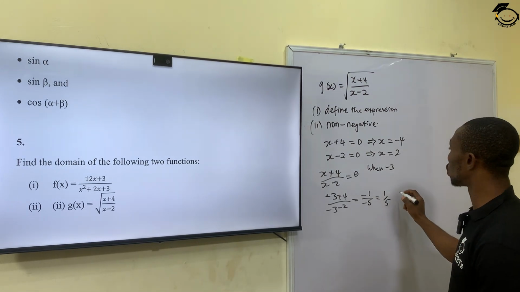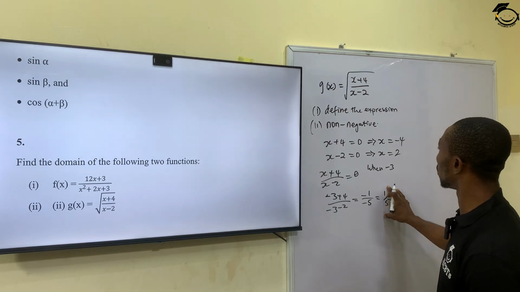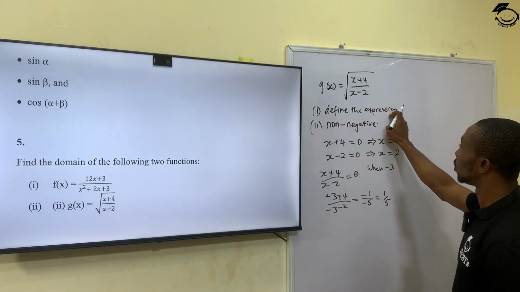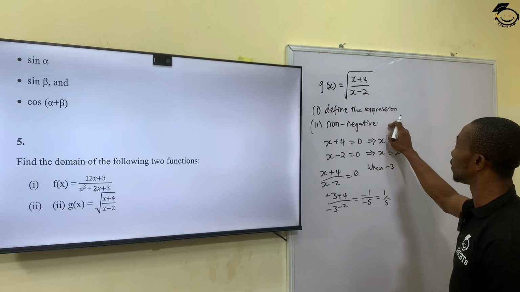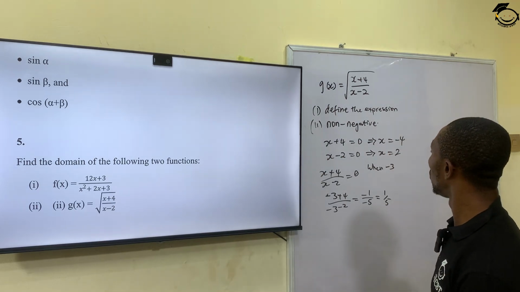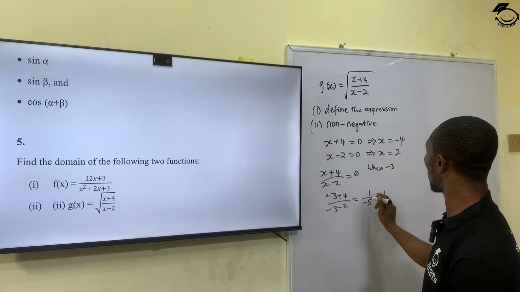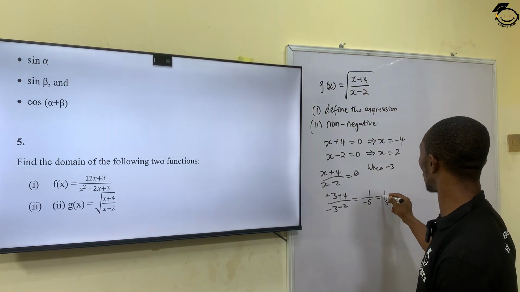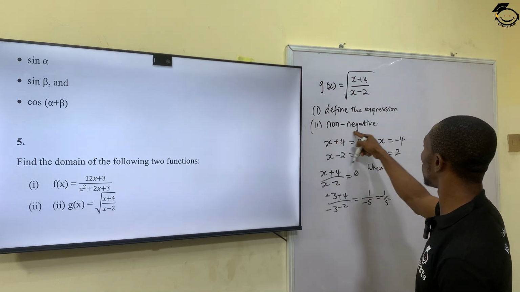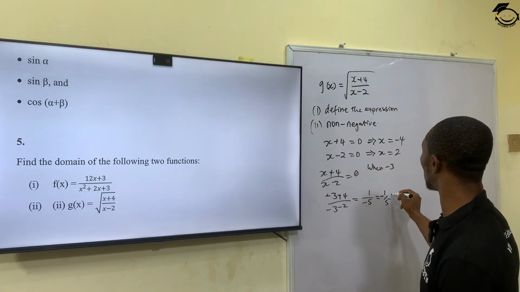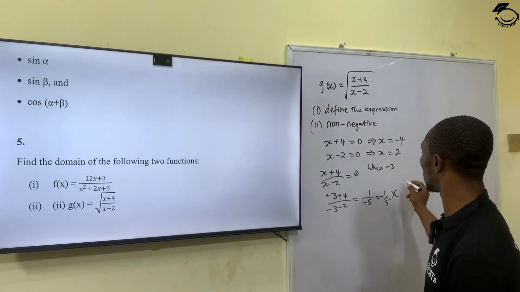Okay, so this satisfies our equation by being a non-negative value. And also when we have 4 minus 3, it will be plus 1, which will make it negative. So this does not satisfy.